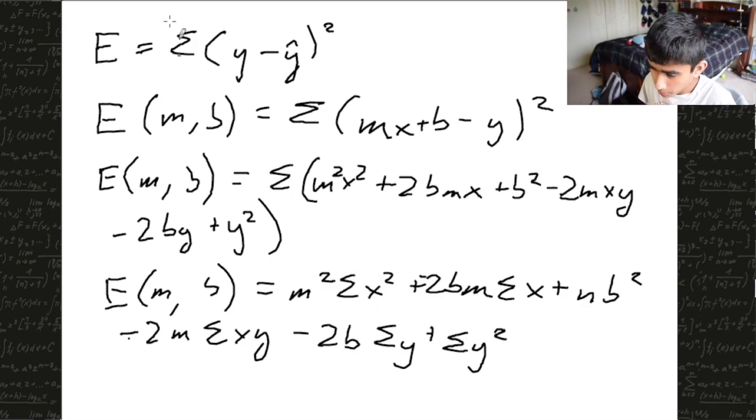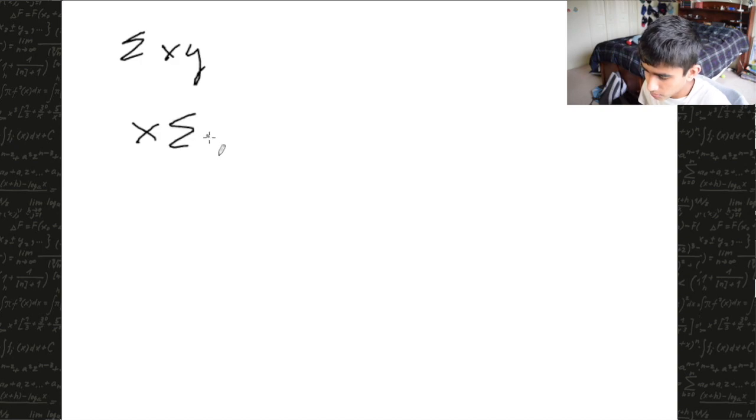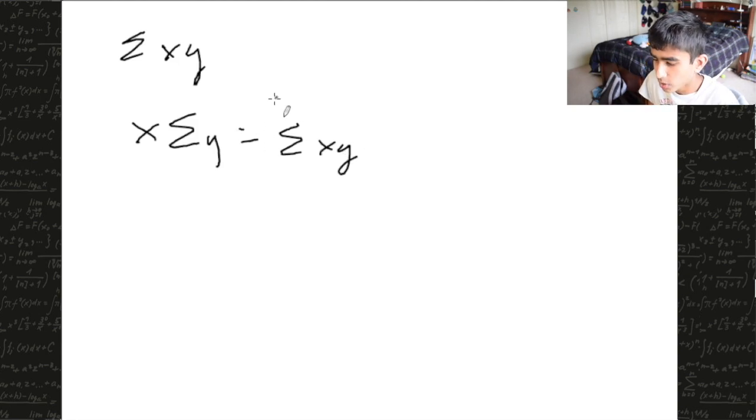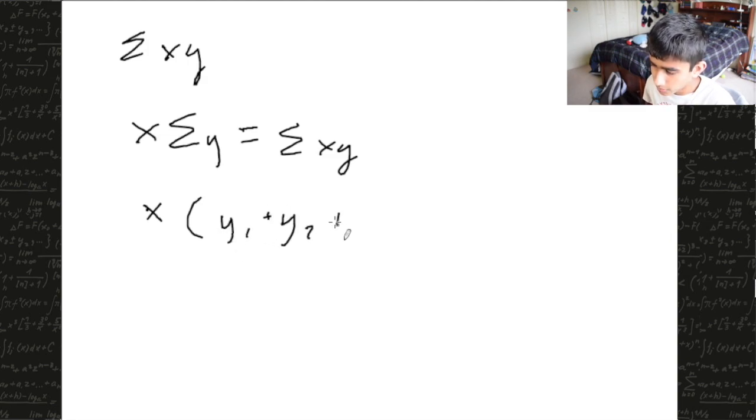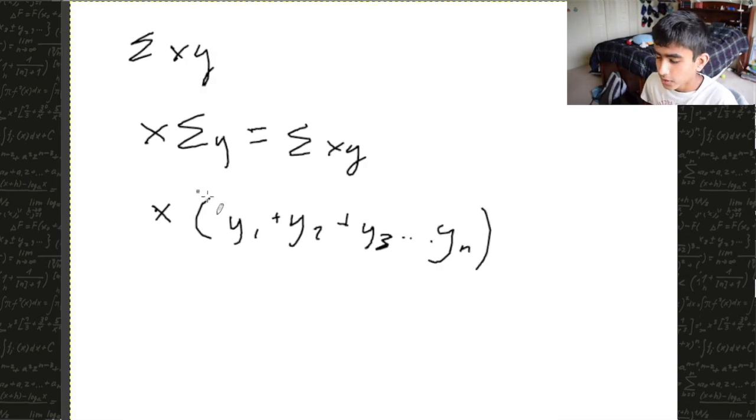So then I used another property of sigmas. So we have the sum of x, y. How can we prove that this right here is true? Well, you can use the distributive property, because basically right here, x would be being multiplied by y1 plus y2 plus y3 through yn, right?